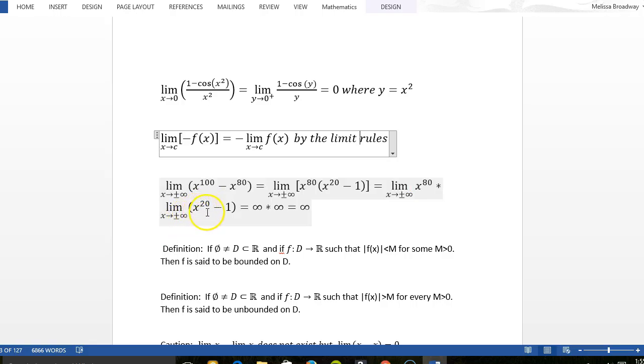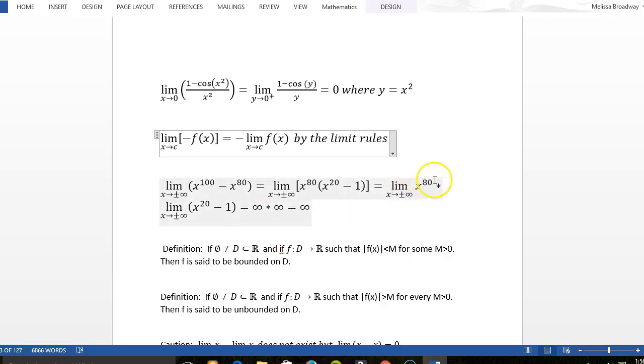And the fact that we're subtracting 1, well, you can use the limit rules: the limit of the difference is the difference of the limits, as long as both of these are not infinity. And they're not, because the limit as x goes to either infinity of x to the 20 is positive infinity. The limit of 1 is just 1, but positive infinity minus 1, by the rules we laid down, is positive infinity.